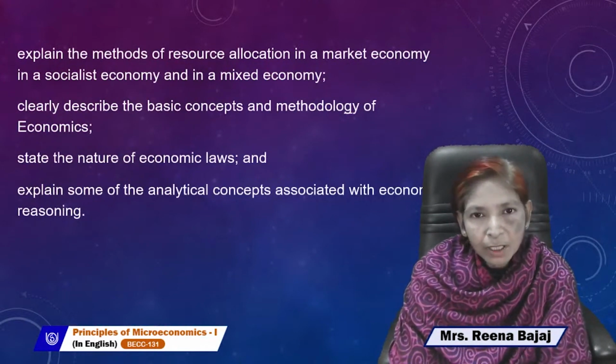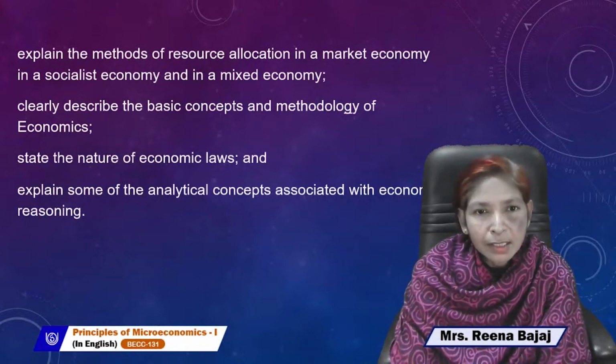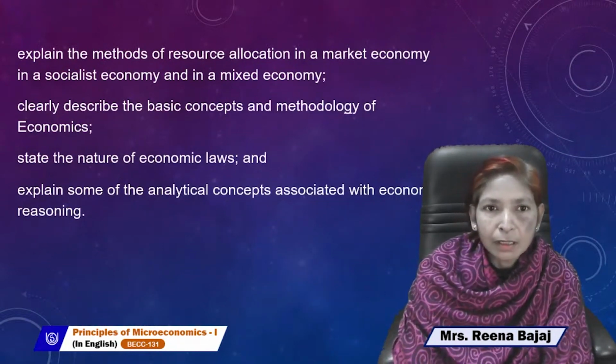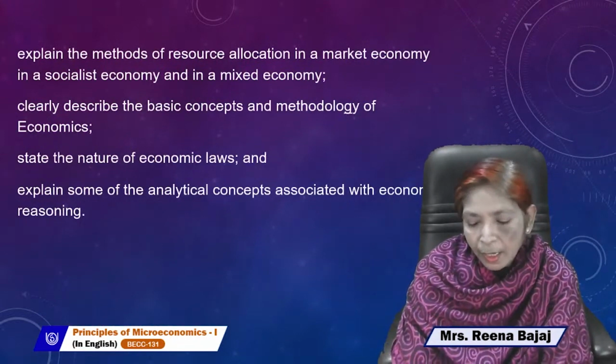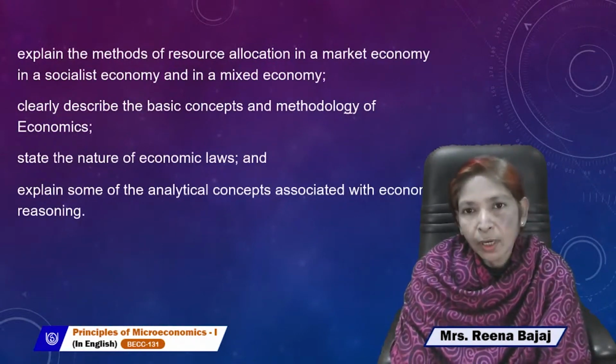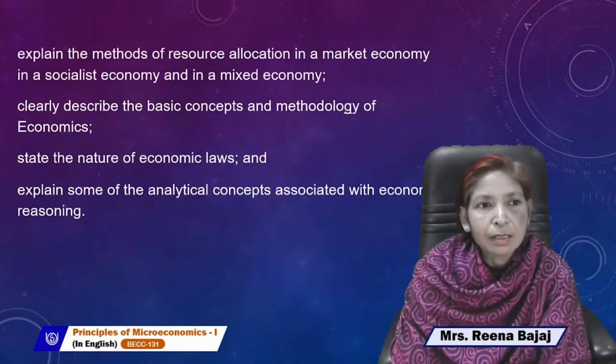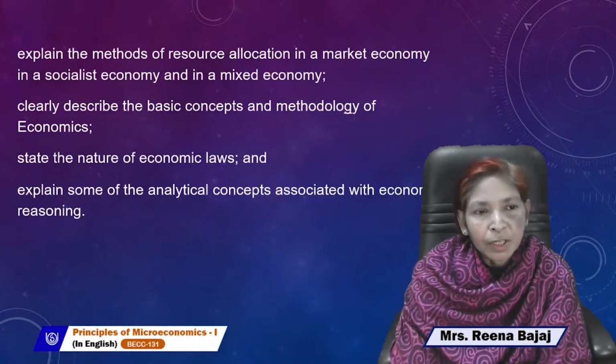And the mixed economy is that economy in which there is a coexistence between private and public sector. As you know, the Indian economy is a mixed economy and the USA economy is a capitalist economy, which is known as market economy. And the China and Russia economies are socialist economies.